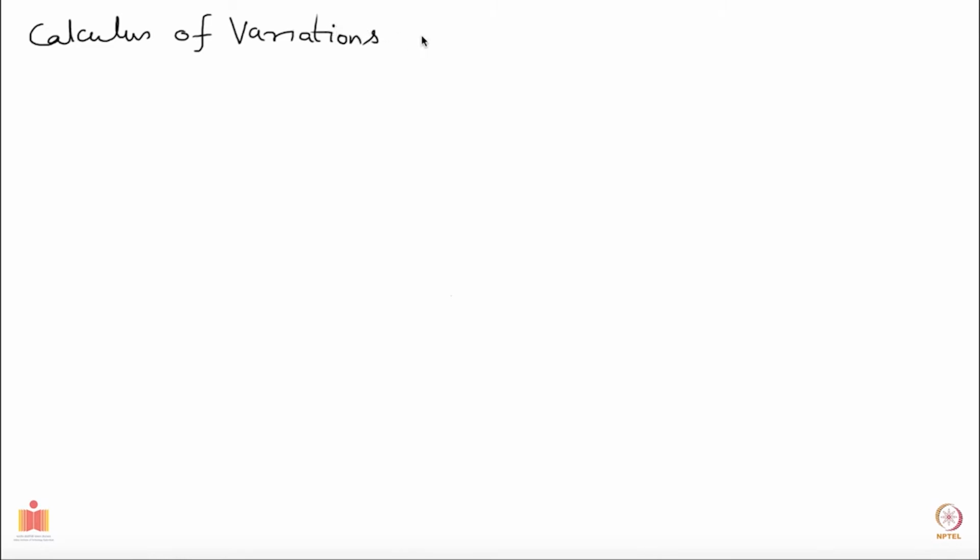A very useful discussion of whatever we are going to cover today can be found in this classic book by Courant and Hilbert, Methods of Mathematical Physics, Volume 1.